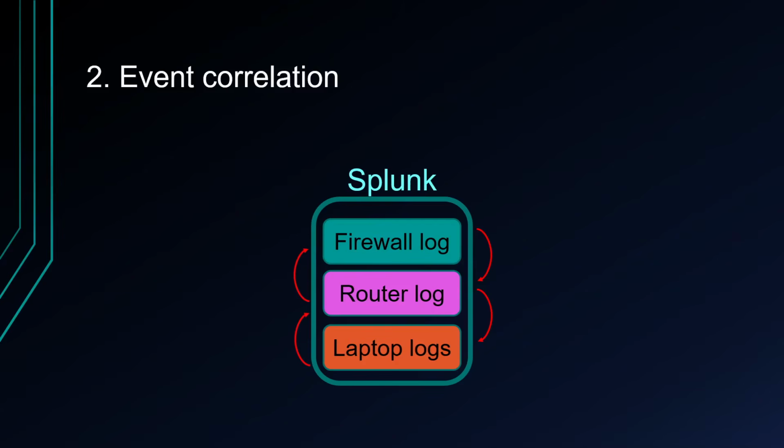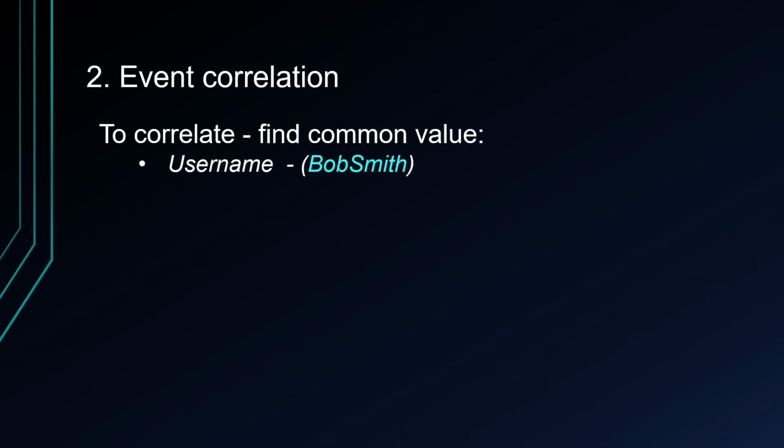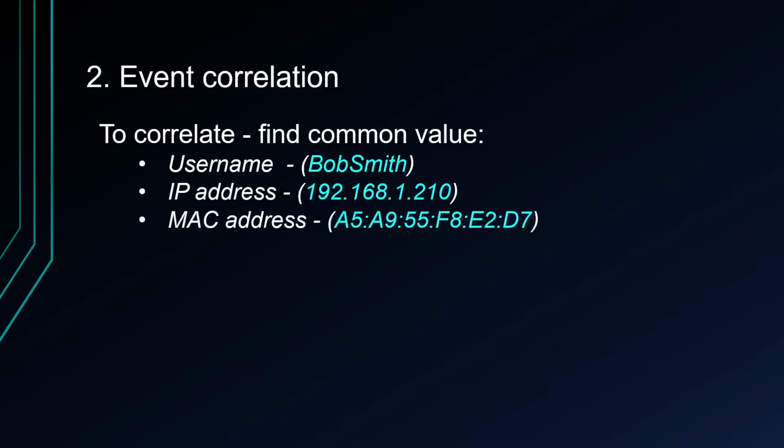So let's talk about finding a common value for correlation. To correlate events from different event logs, you must choose a value found in each of those event logs. You must find a common value. These fields can be a username like Bob Smith, it can be an IP address, it can be a MAC address, and then a super common one is time.